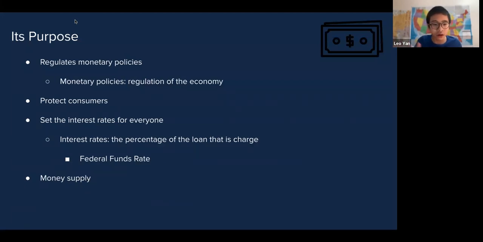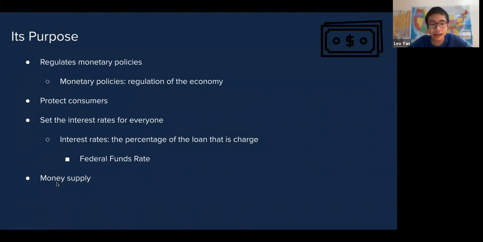But their chief objective is that in the case of a recession, they make sure that you're able to get loans and you're basically able to benefit from their policies. And as I said, their final purpose is to regulate the money supply.